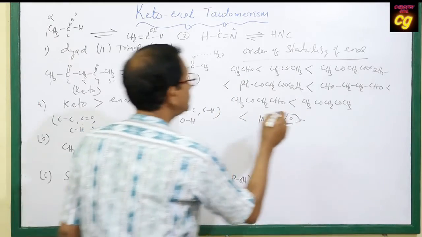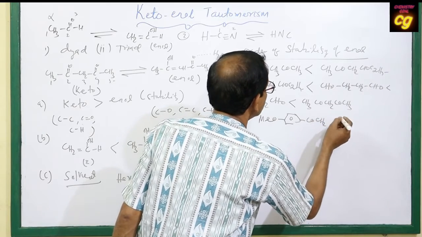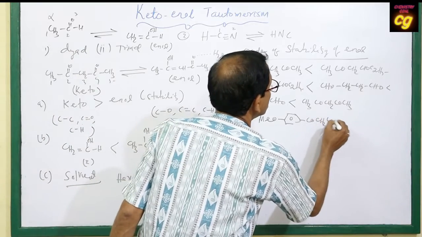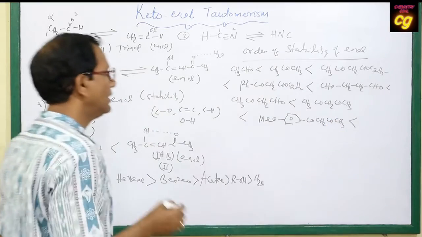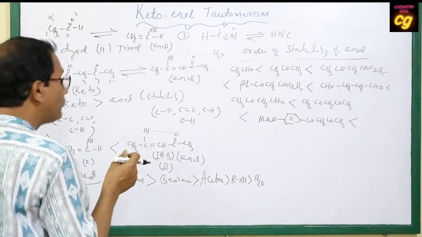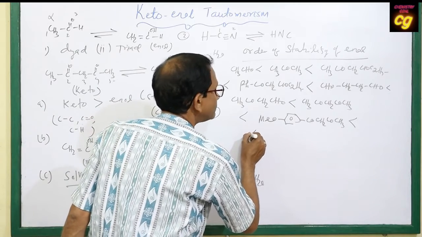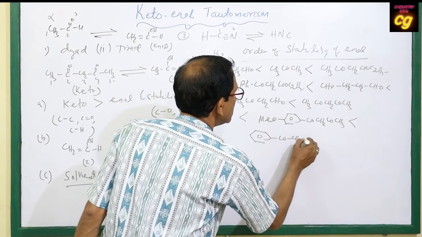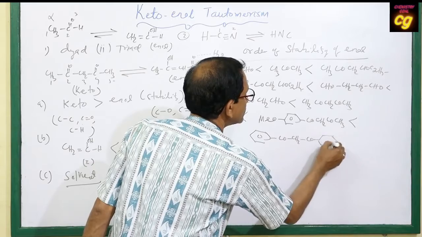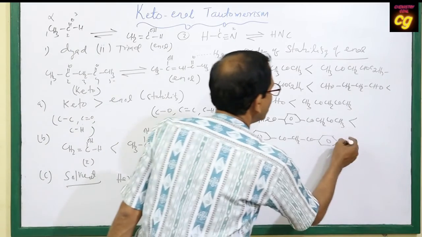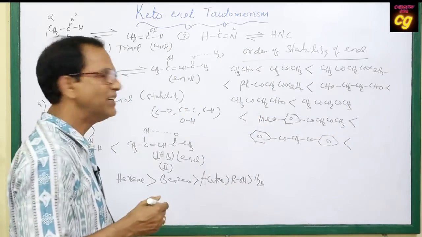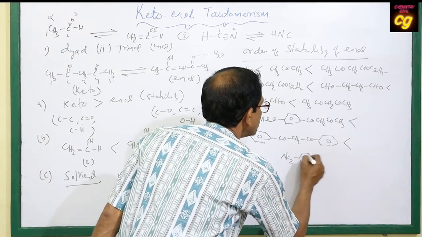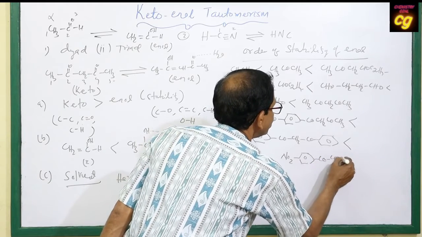This one with COCH2COCH3 is less stable than if you use two phenyl groups, COCH2CO, which is more stable. Then the stability again increases if you use one nitro group.